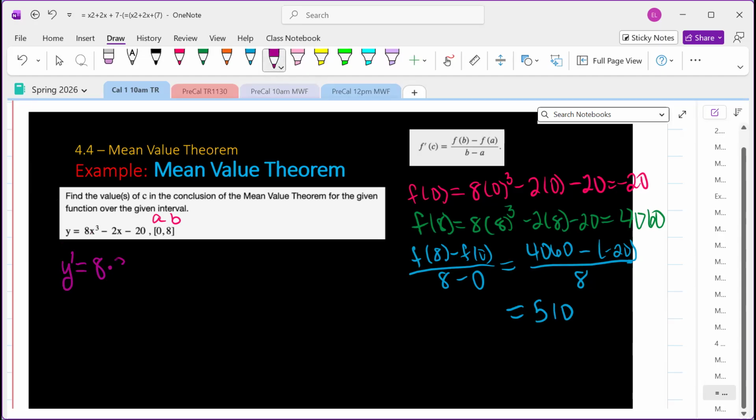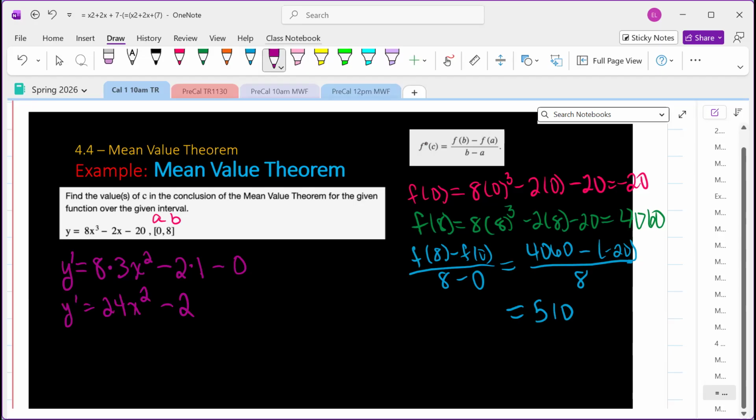Power rule, we bring the power down, so 3x squared. Minus 2 times the derivative of x, which is 1. Minus the derivative of a constant, which is 0. So I have 24x squared minus 2.